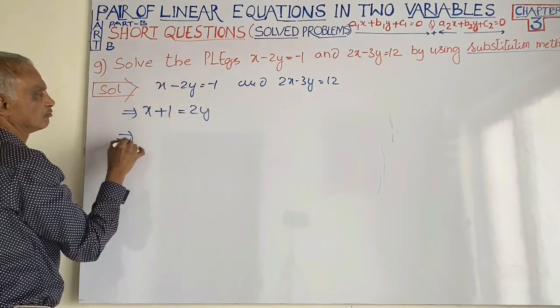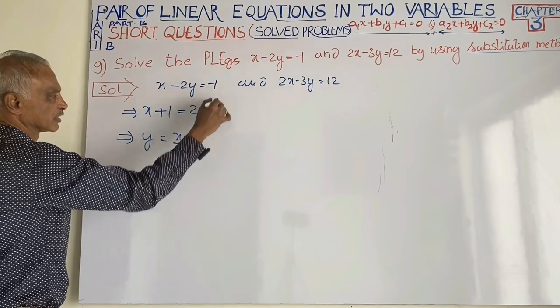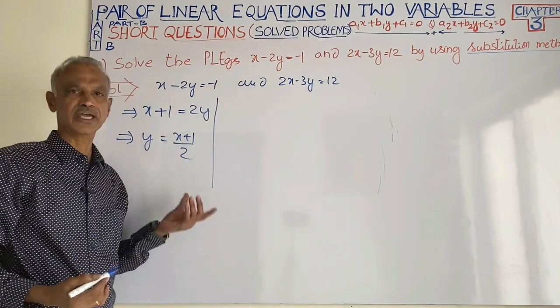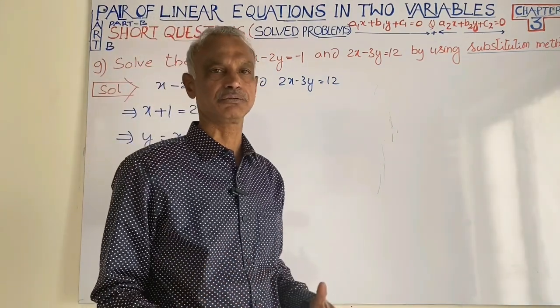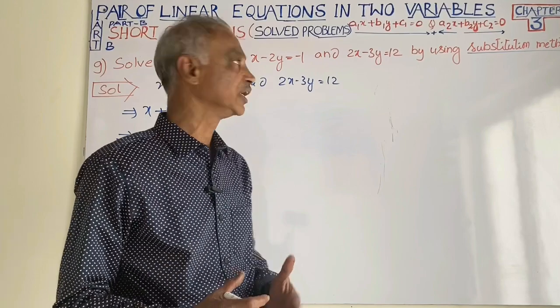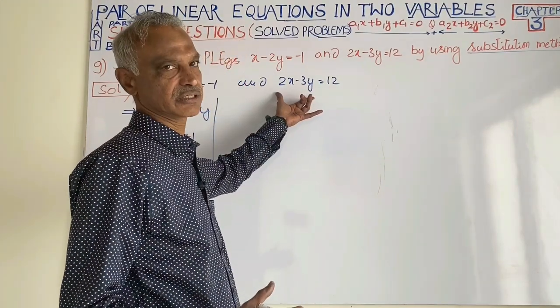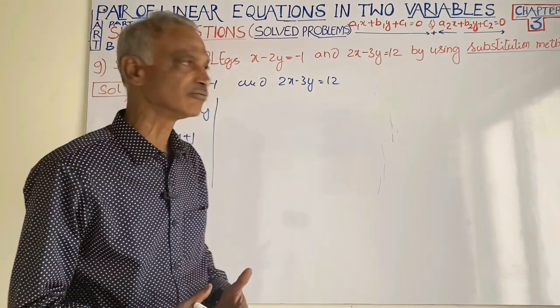You will get y is equal to x plus 1 by 2. Substitute the value of y is equal to x plus 1 by 2 in this equation so that you will get the value of x. Next you can find the value of y.